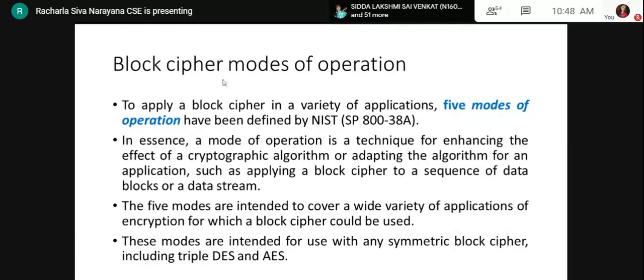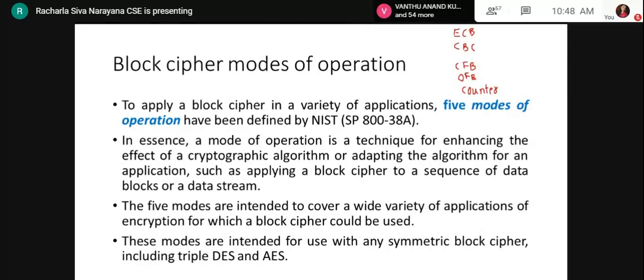Those five modes of operation are ECB, electronic codebook, cipher block chaining, cipher feedback mode, output feedback mode, and then counter mode. So these are the five modes of operation.